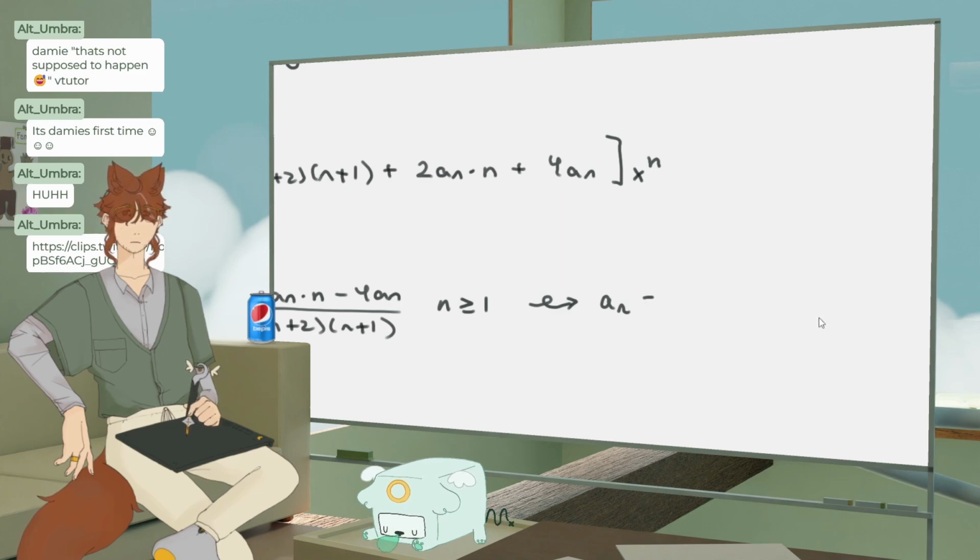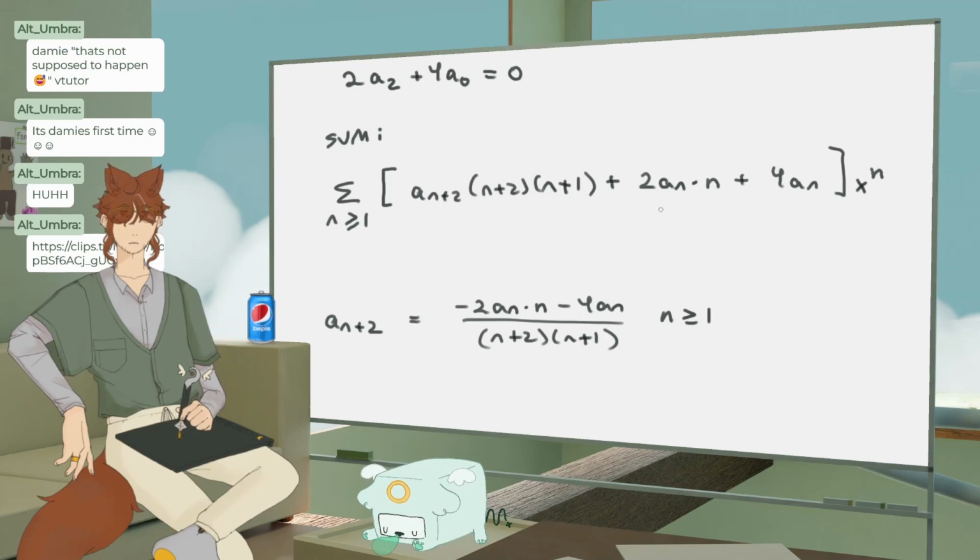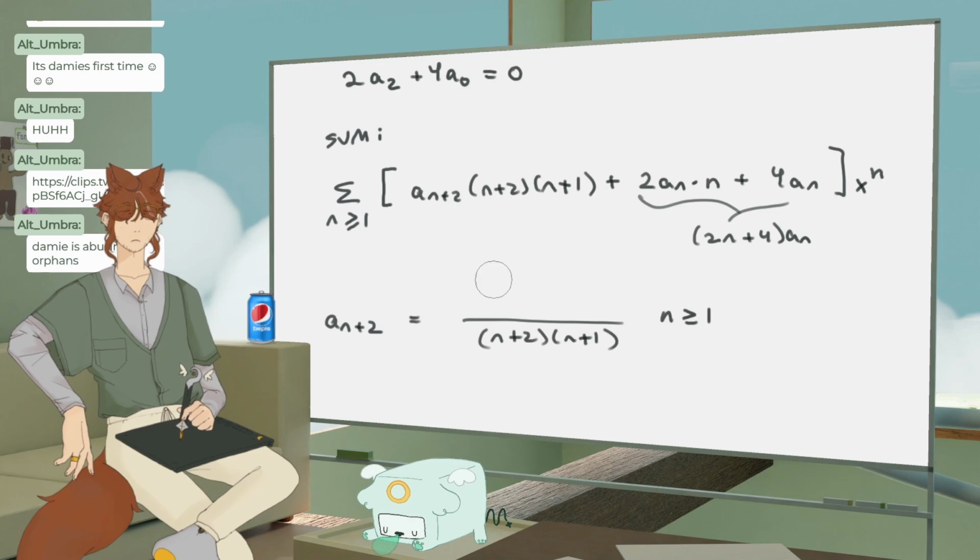Wait, I can factor these out. This is 2n plus 4 times a_n. Oh, so it's just 2 times (n+1) a_n.